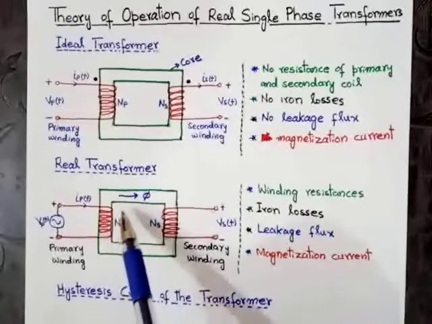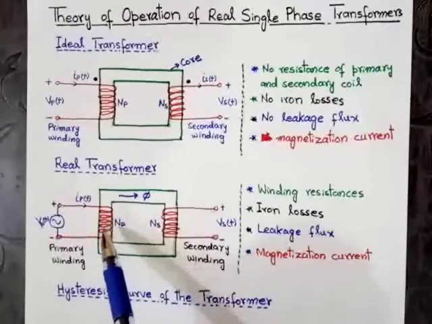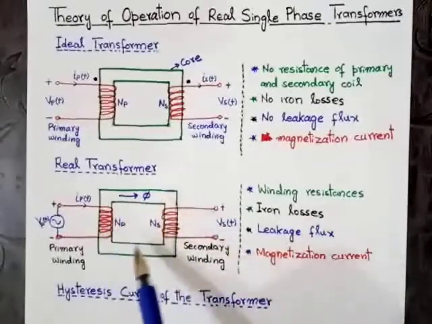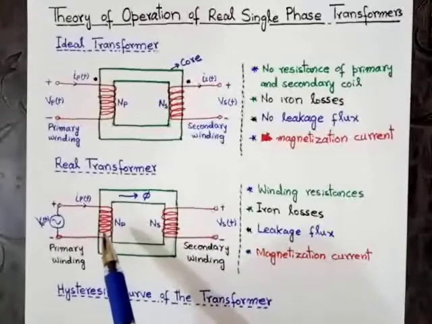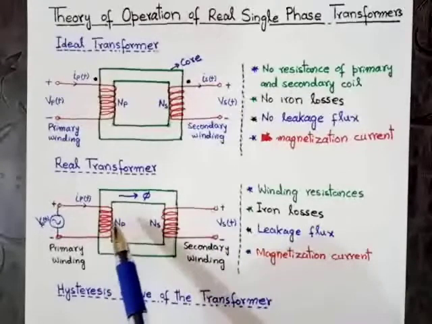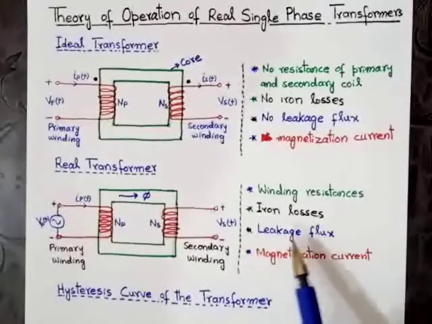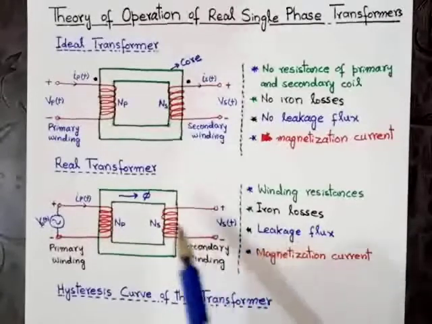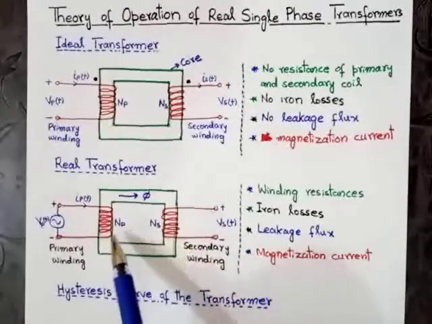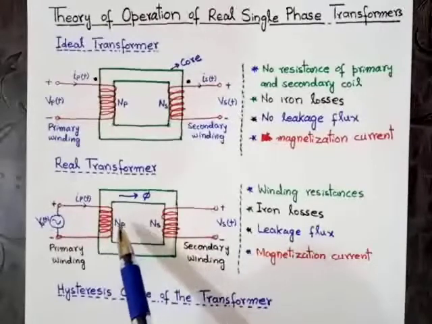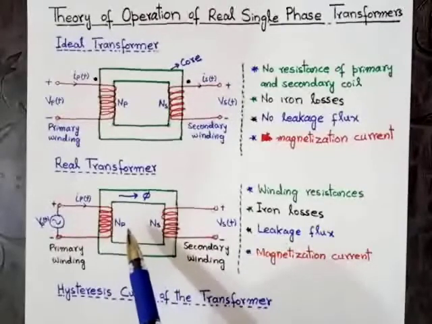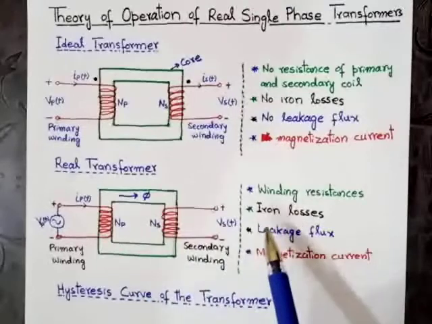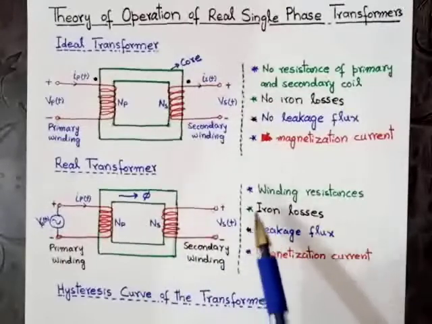The flux which breaks out into the surrounding air is called the leakage flux. In a real transformer, there will be leakage flux as well. So these are the characteristics of a real transformer.